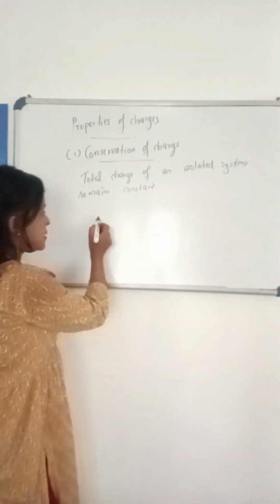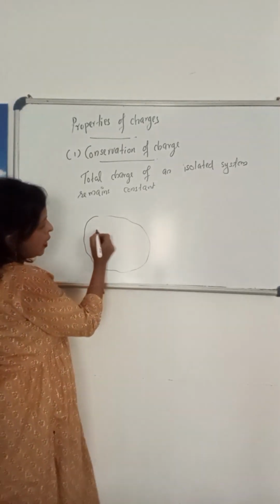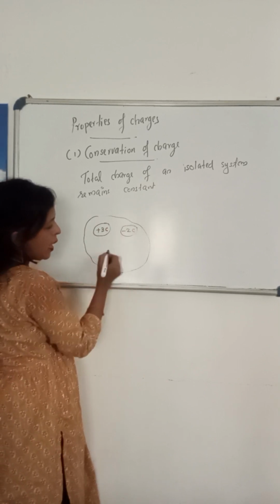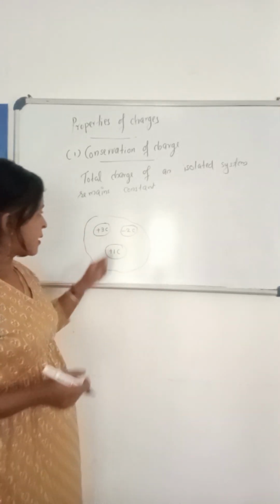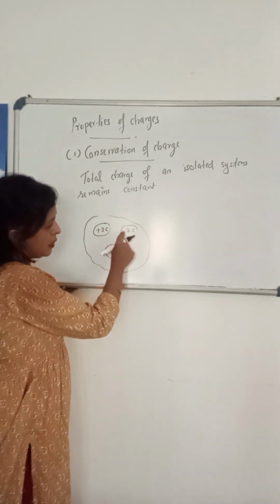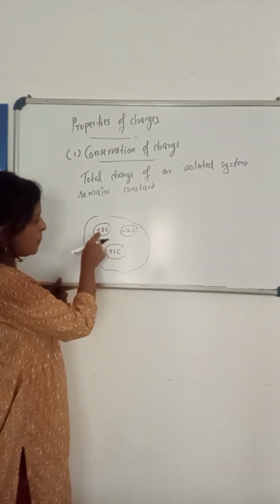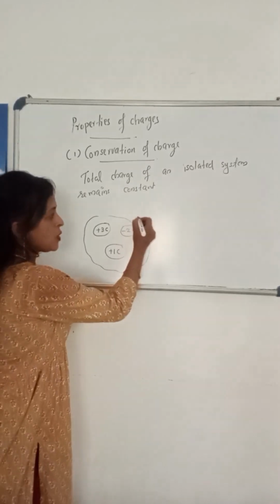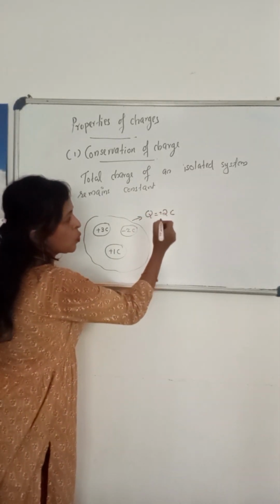Suppose this is an isolated system having plus 3 microcoulomb, minus 2 microcoulomb, and plus 1 microcoulomb charge. Then what is the total charge? We need to consider the sign of charges also. So plus 3 plus 1 is 4, minus 2 is 2. That is the total charge, Q equal to 2 microcoulomb.